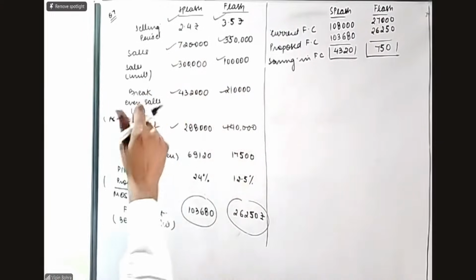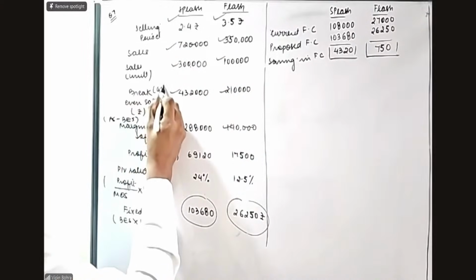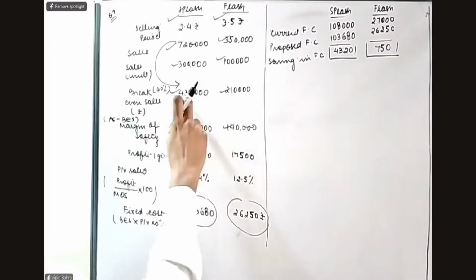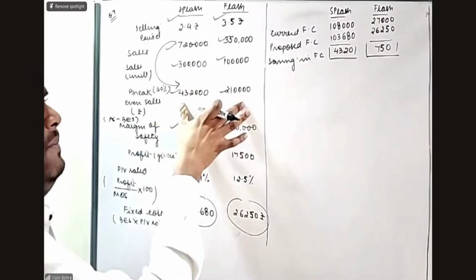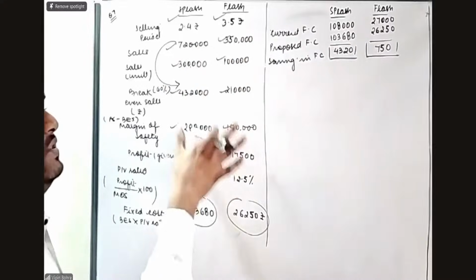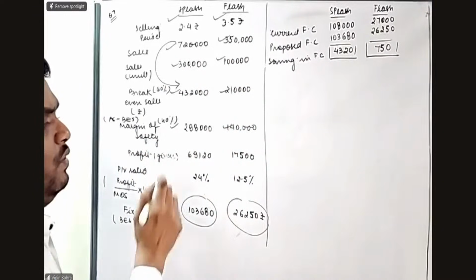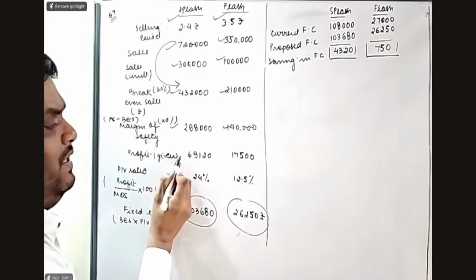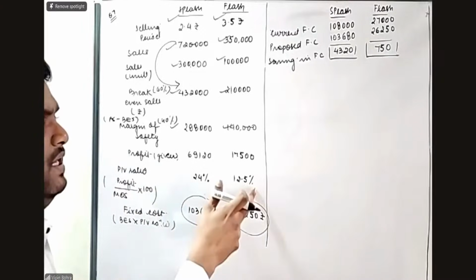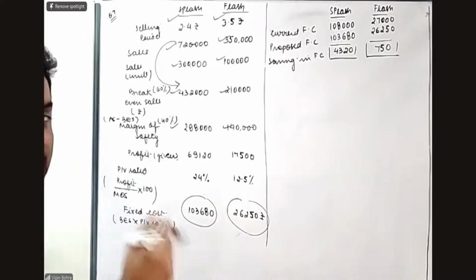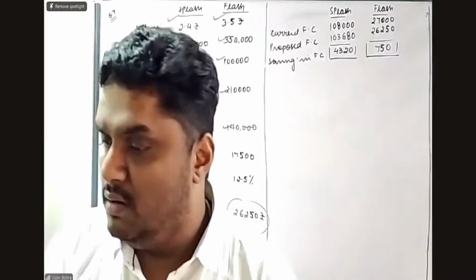Since break-even sales is 60% of the total sales, I have calculated break-even sales. Now we have the break-even sales and sales is given, so we can easily calculate margin of safety, that is 40% of the total sales. Profit is given in the question, so we have calculated PV ratio. Now, if we multiply break-even sales with PV ratio, we can easily get the fixed cost.